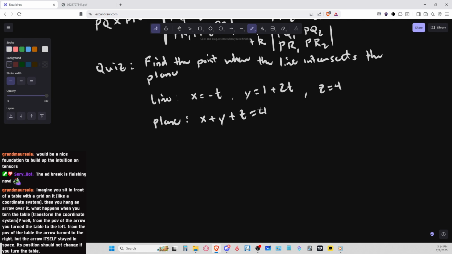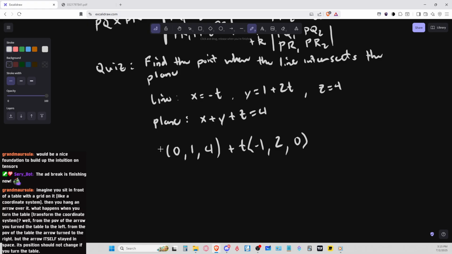Okay, find the point where the line intersects the plane. We have a line whose original point is 0, 1, 4, so I'm guessing it's probably that vector plus t times -1, 2, 0.